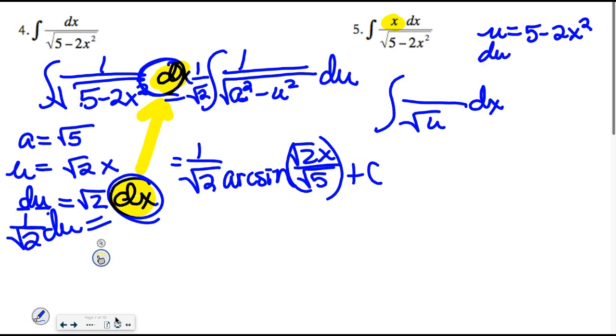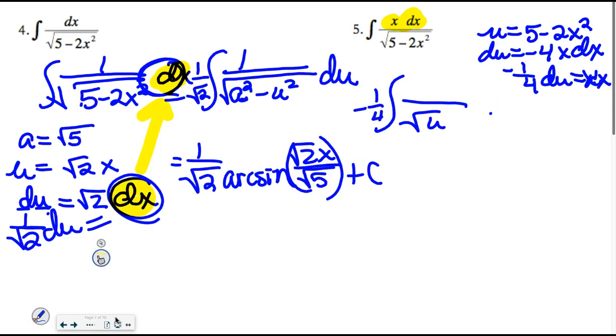My du is negative 4x dx. So this x dx part can get replaced by a negative 1/4 du. Done. Now it's power rule.